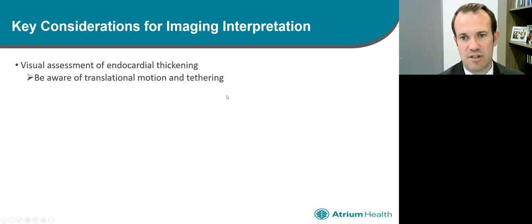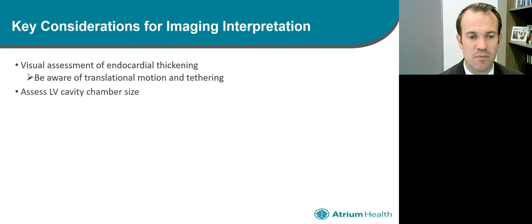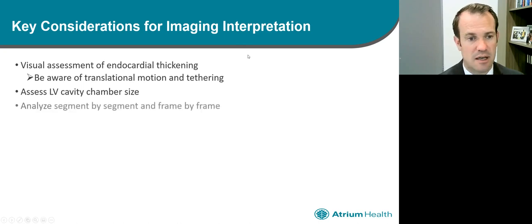Key considerations for imaging: we really want to look at both endocardial motion and thickening, as we said before, and we need to be very careful of translational motion or tethering of the walls. We want to look at LV chamber size, both at rest and with stress, to look for transient ischemic dilation.